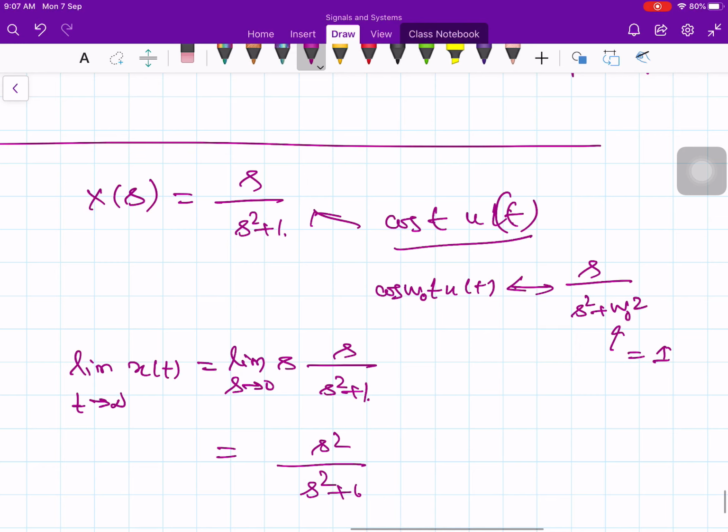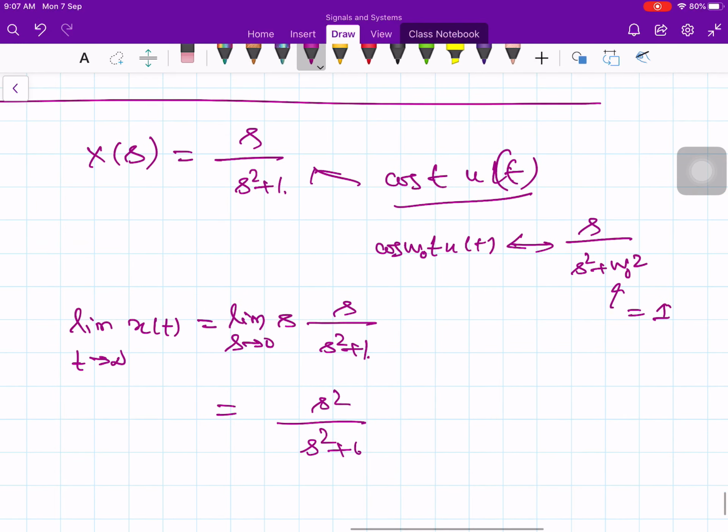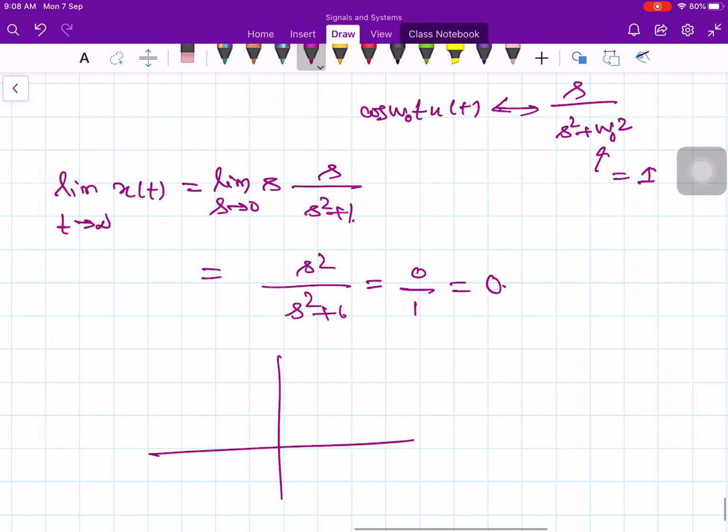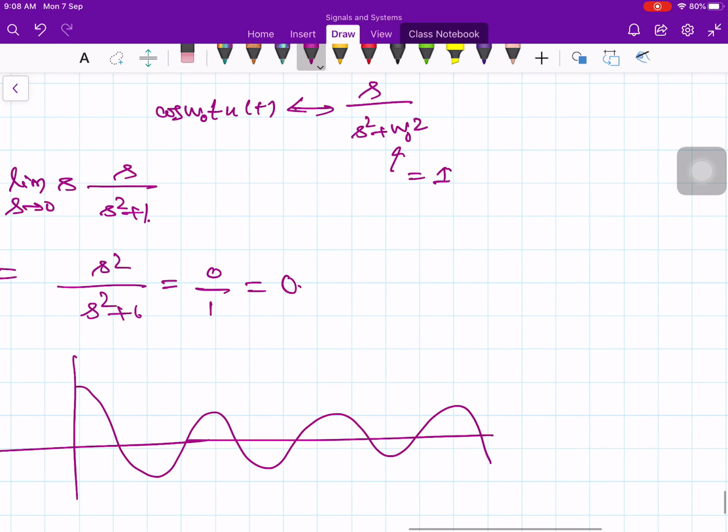So you will get 0 by 1, which is 0. If you apply the limit s goes to 0, you will get this answer. But then what is the final value of cos t? You have a cos function that keeps on oscillating. Even if you wait up to t equals infinity, it will not settle down.